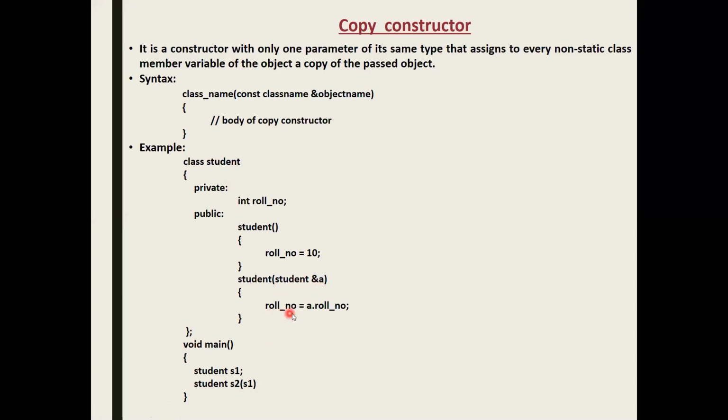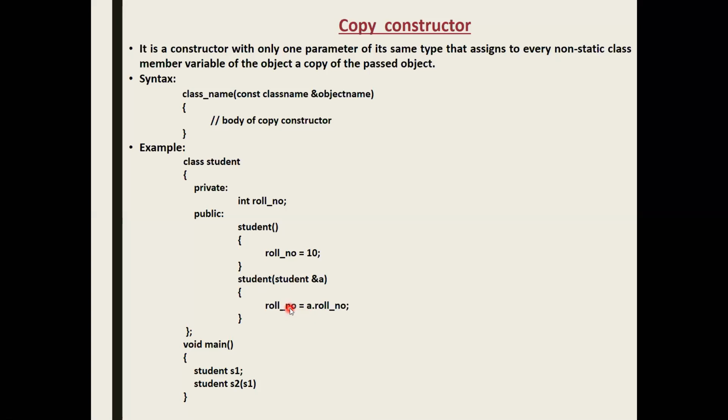And then roll number is equals to a dot roll number. That means whatever value had passed from this object to this particular place, right? I am initializing to another variable. We can initialize here to another variable. It's not necessary that I have to initialize in the same variable. You can initialize to another variable also, or you can keep this variable, because this variable is different for this particular object and it is different for this particular object.